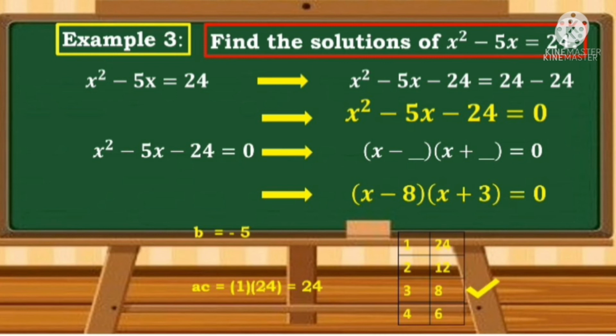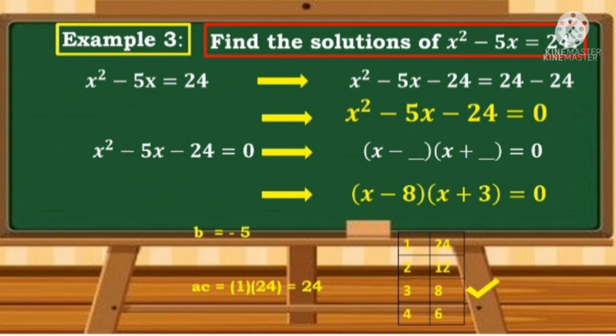What are the factors of 24? They are 1 and 24, 2 and 12, 3 and 8, 4 and 6. Which of these factors satisfy x squared minus 5x minus 24? Yes, that is correct: 3 and 8. So we are going to rewrite the given factors as quantity x minus 8 and quantity x plus 3 equals 0.